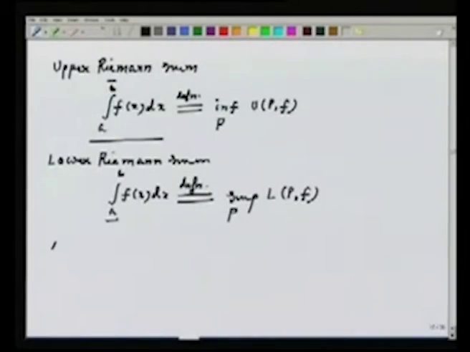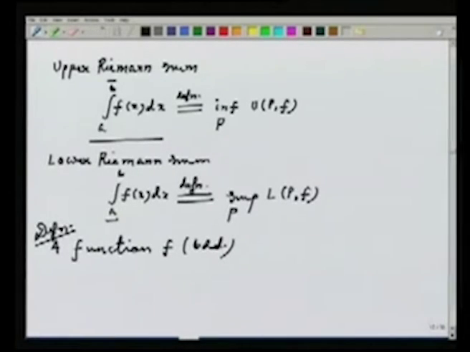Now, a function f, this is the definition. A function f, which is certainly bounded. Notice that boundedness is very important, otherwise capital Mi and little mi's will not exist.